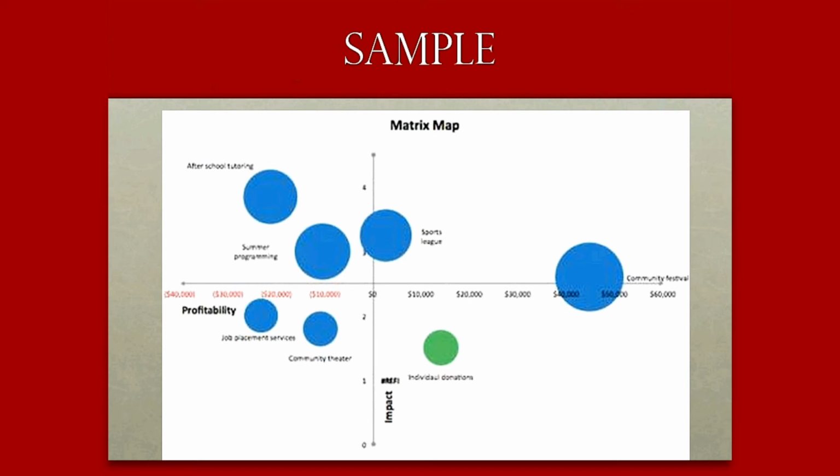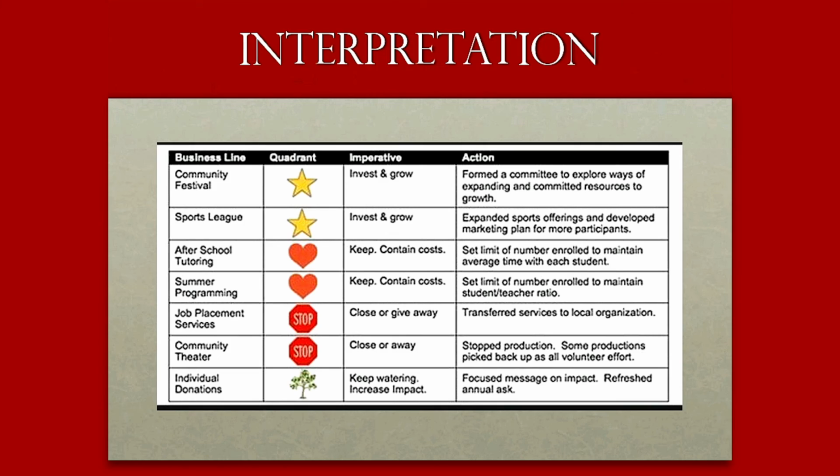So looking at that map, you see the organization's activities. As a board member or a stakeholder, you're provided with information about what we would cut if we needed to cut, and what it would make sense to invest more in. And so you end up with a key that looks something like this.